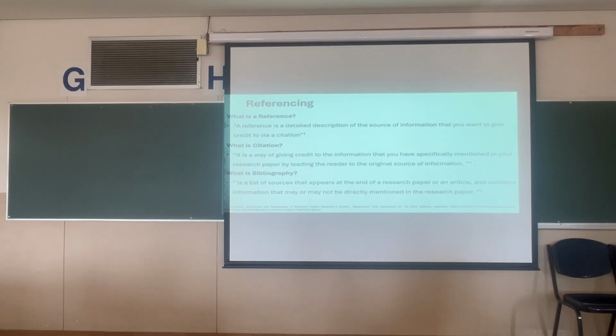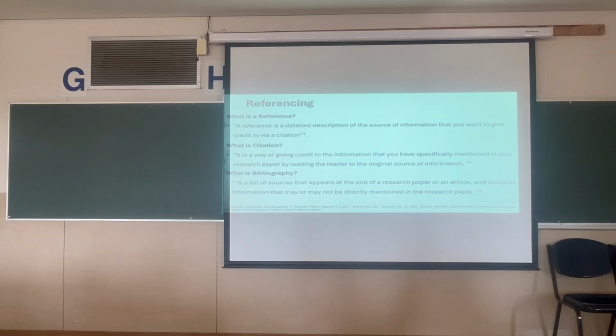So when you talk about referencing, we're talking about crediting the original work. You credit the people who did the original work. It consists of two things: citation and the bibliography. Citation is when you're writing, you find the information from my paper, you have to say Shumbu et al. 2000 if you're using Harvard referencing, okay? Or if you're using the IEEE referencing style, you say 1 if you got the information from my paper.